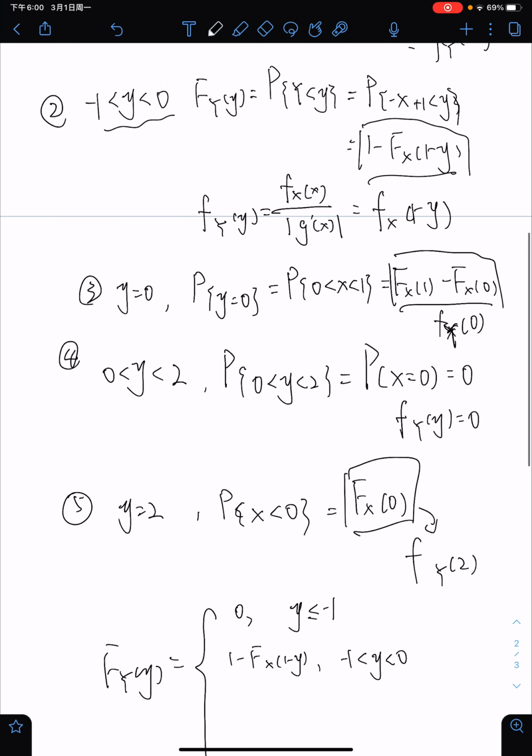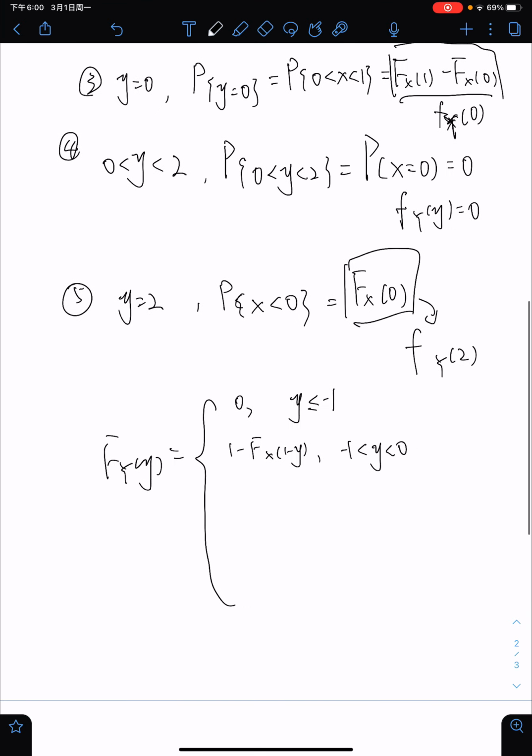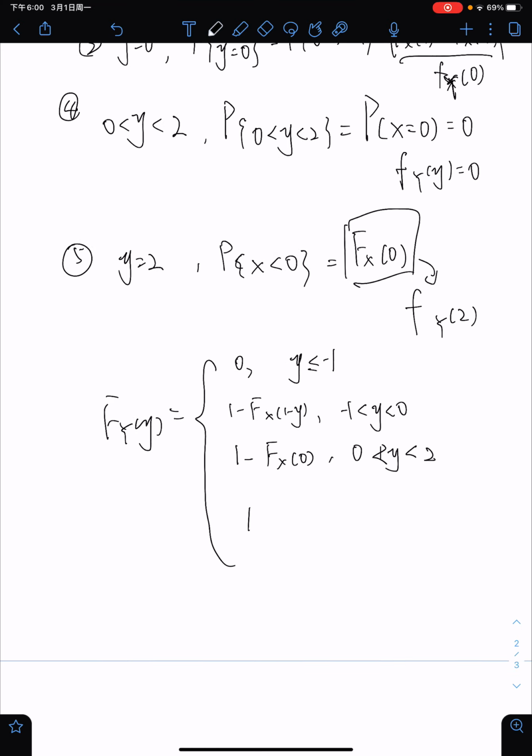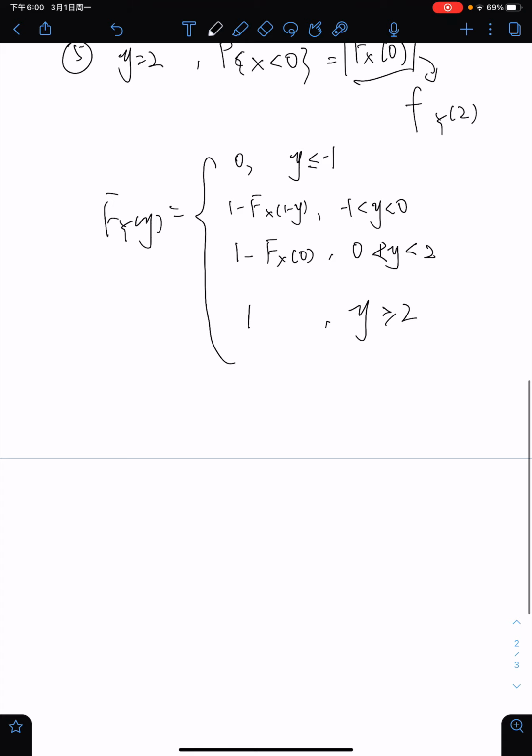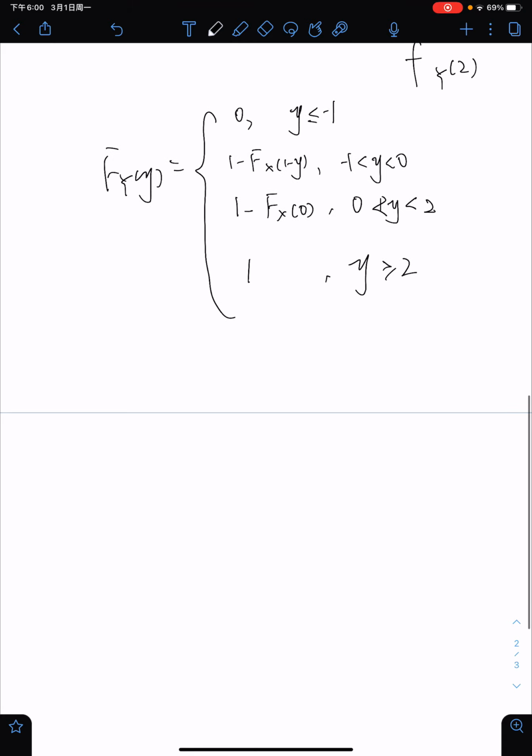Okay, this is the second part. And this is the distribution function of y and the density function of y.